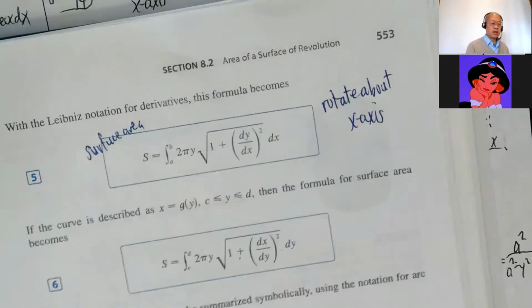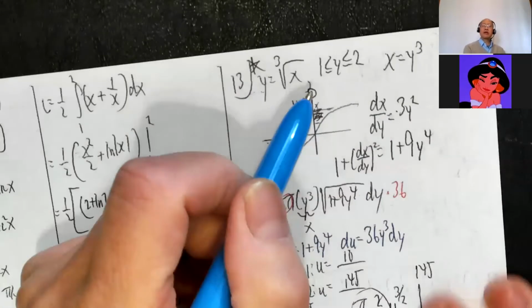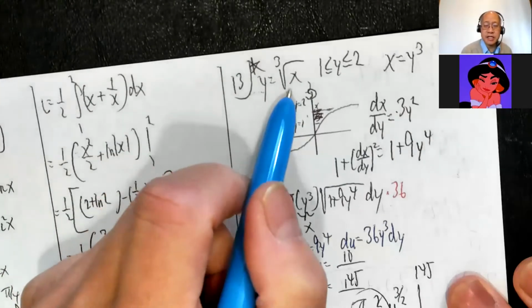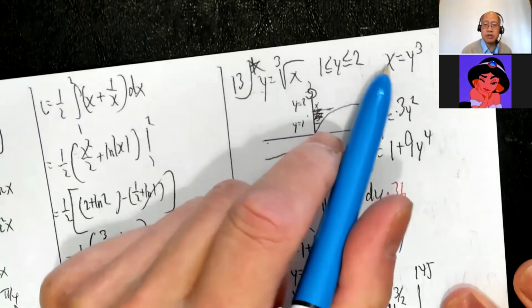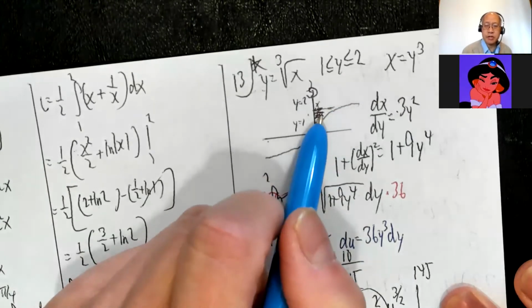That was on page 553. Since I'm integrating with respect to y, I need to solve for x. That's easy. Cube both sides. X equals y cubed as y goes from 1 to 2.